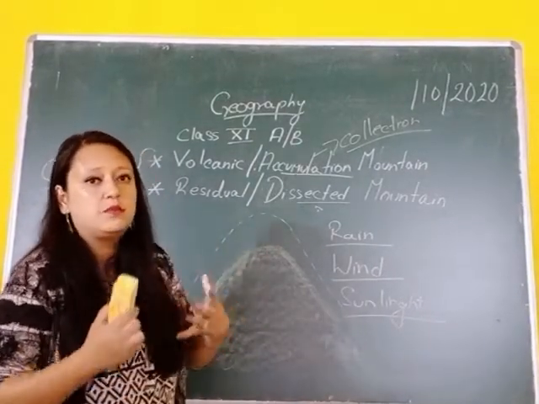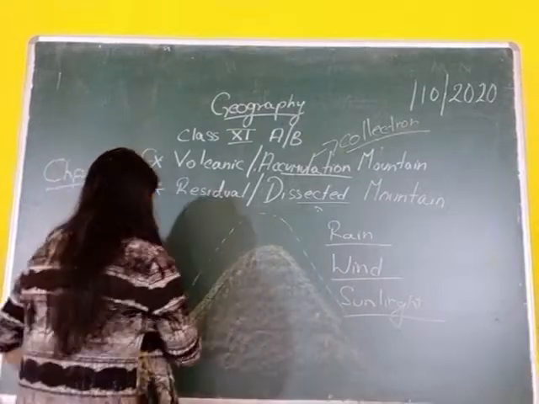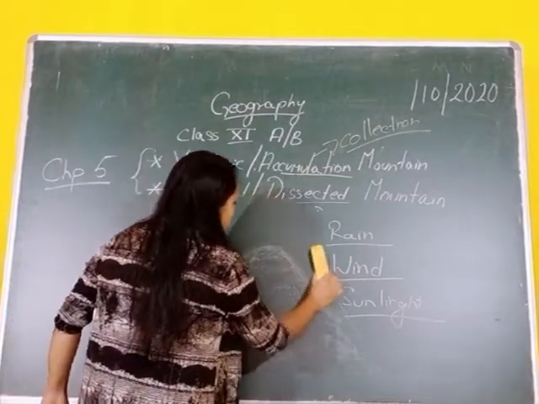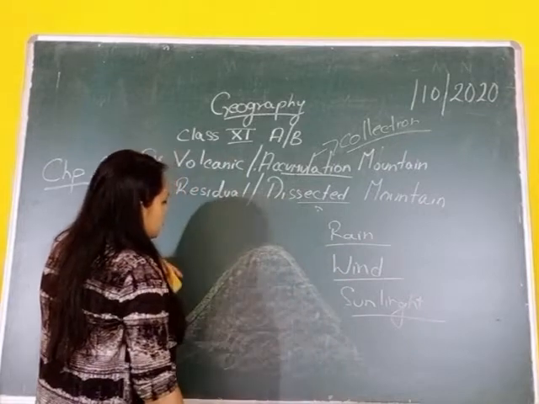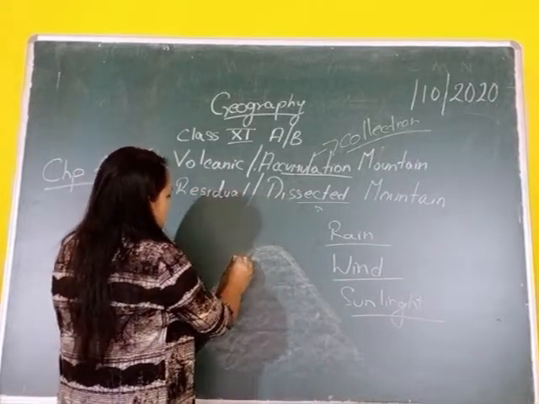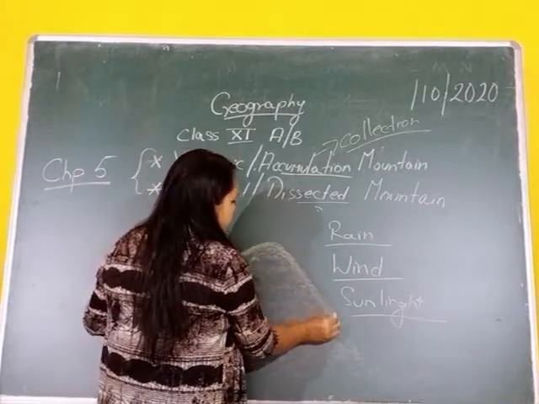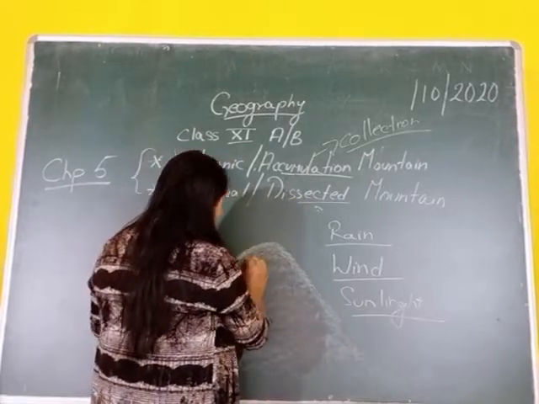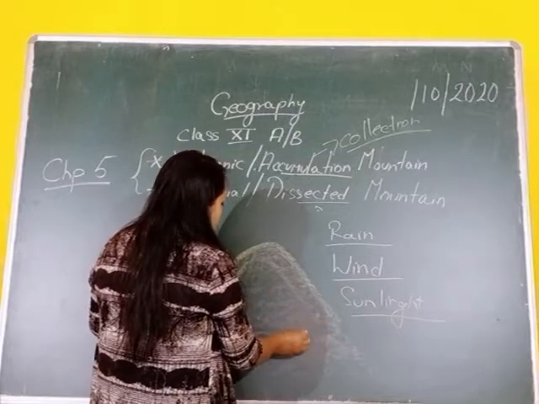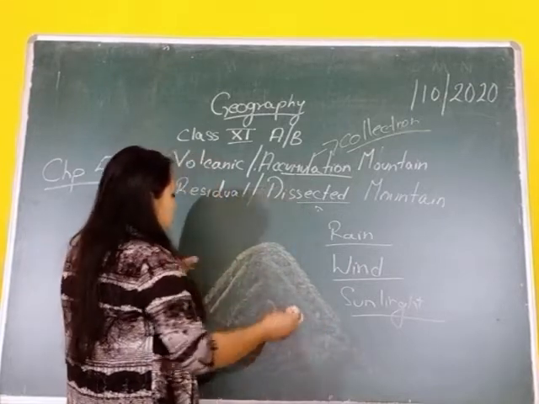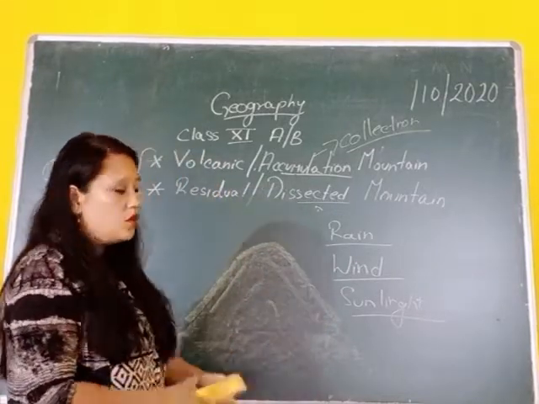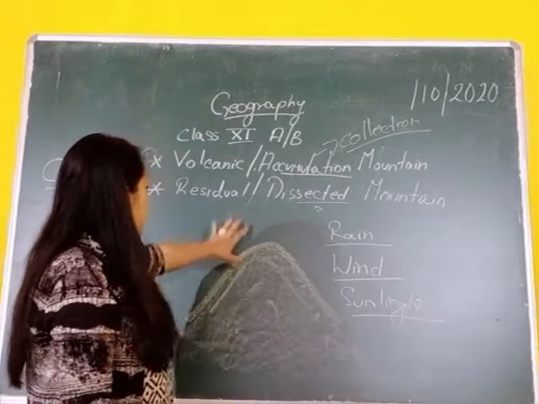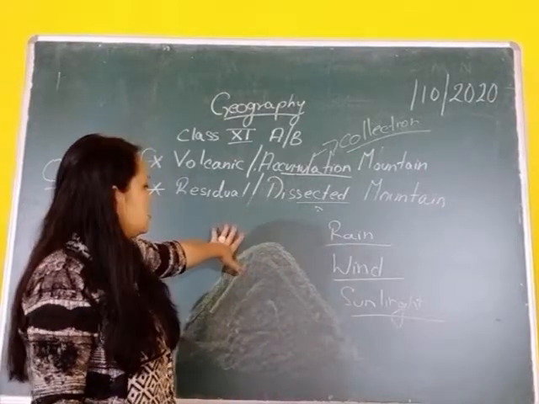And what remains? What is the remaining part? After a lot of erosion, finally the hard rocks have been exposed, because you know that mountains have layers, and these layers have boulders, they have rocks, thick rocks, soft rocks, clay, mud and sediments also which have been deposited.